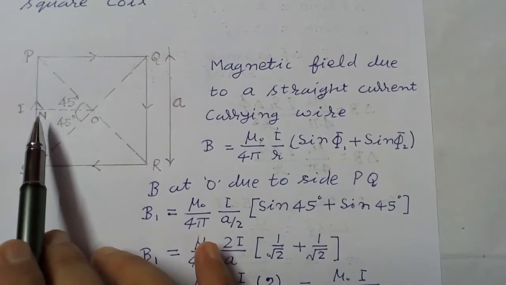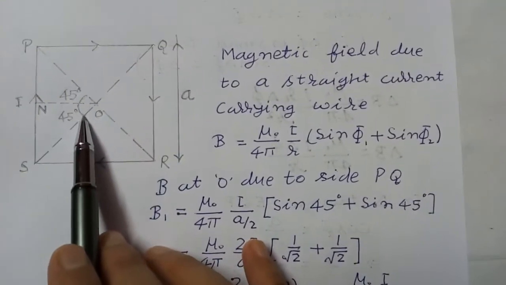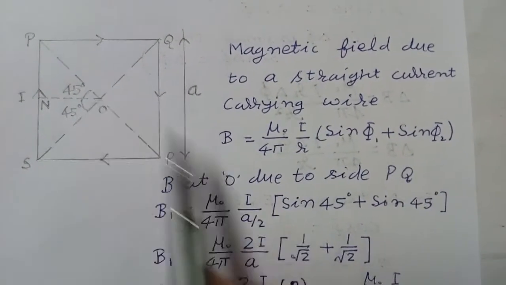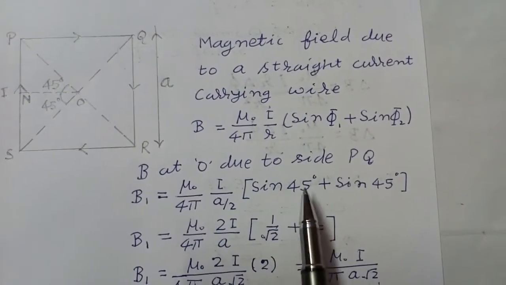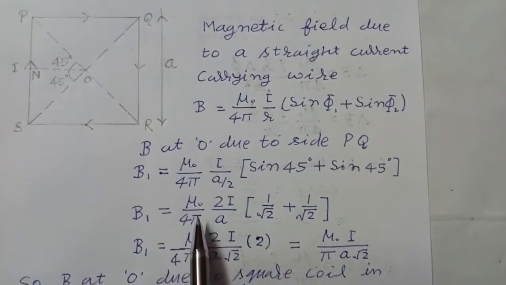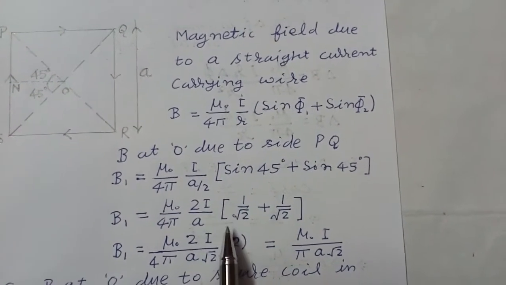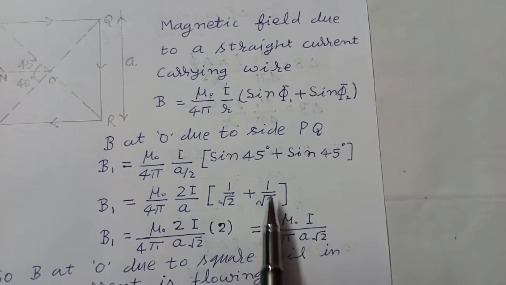This distance NO is a upon 2, and this angle is 45 degrees and this angle is also 45 degrees. So inside the bracket sin 45 plus sin 45. So this is equal to mu naught upon 4 pi, 2I upon a, inside the bracket 1 upon root 2 plus 1 upon root 2.